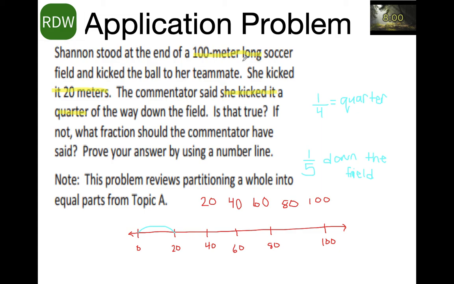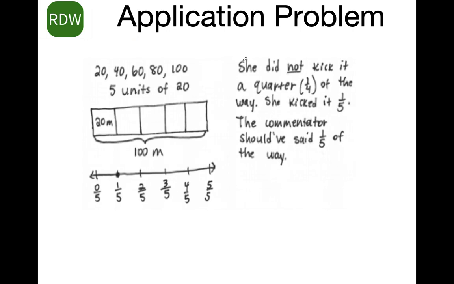And the commentator had said that it was 1/4 of the way down the field. They said it was 1/4. And we just showed that the commentator was wrong. The commentator should have said that it was 1/5 of the way down the field. Okay, I'm going to show you my other drawing. So she did not kick it 1/4 of the way.